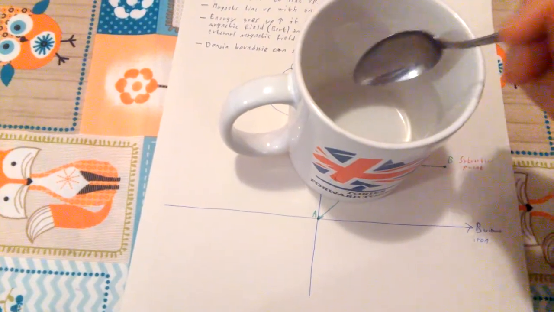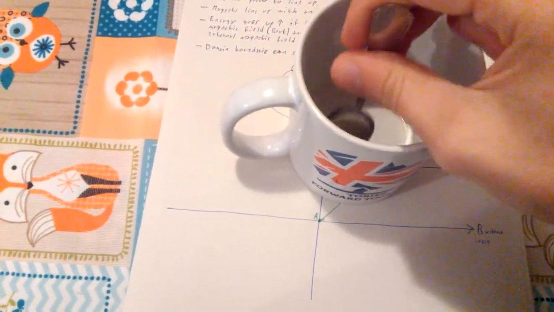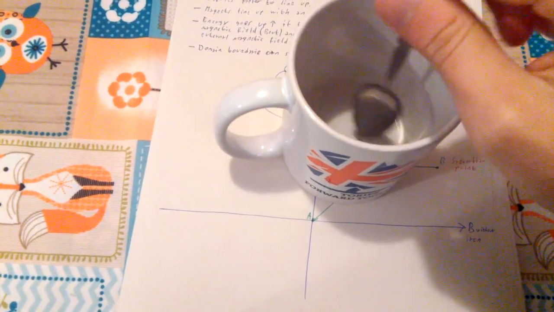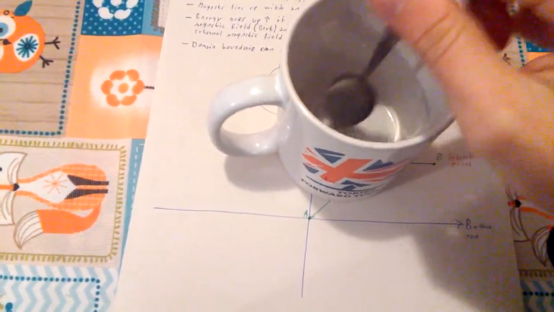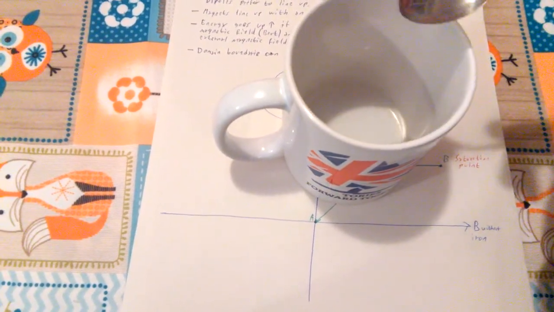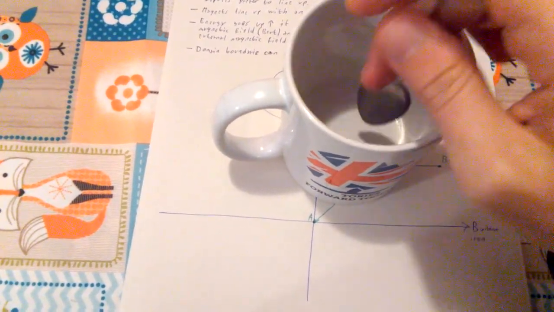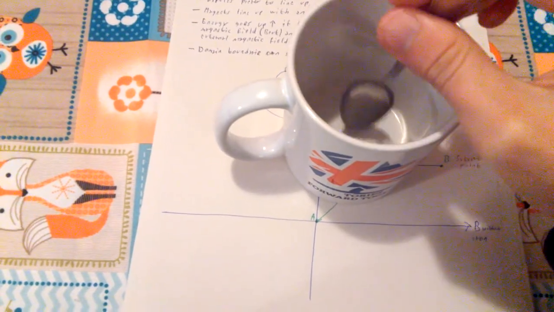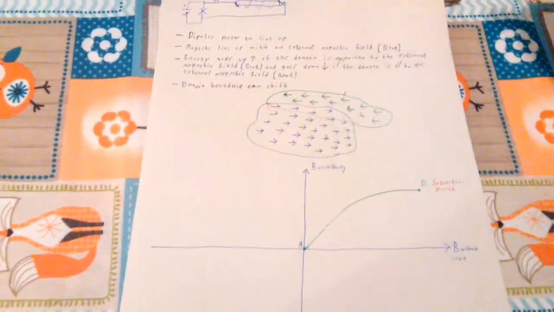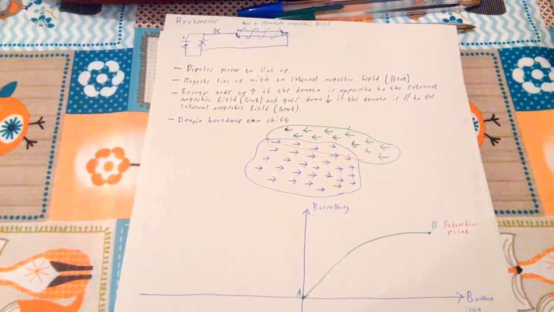So no matter how you rotate your spoon inside your mug, you're not going to be able to put any more sugar, because it's not going to blend together with the tea.